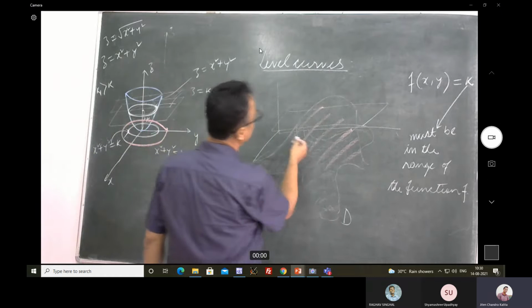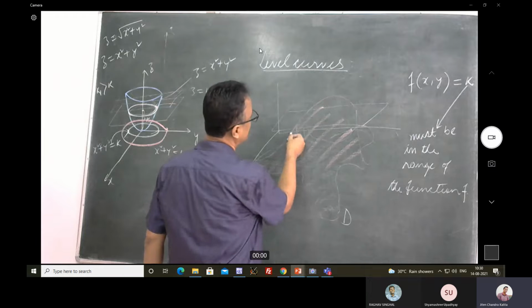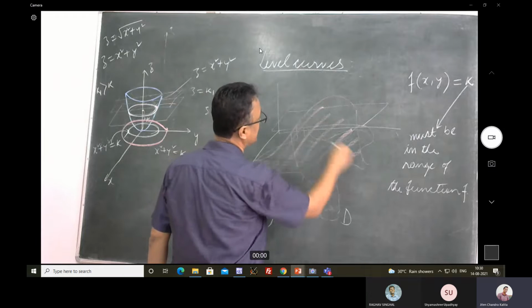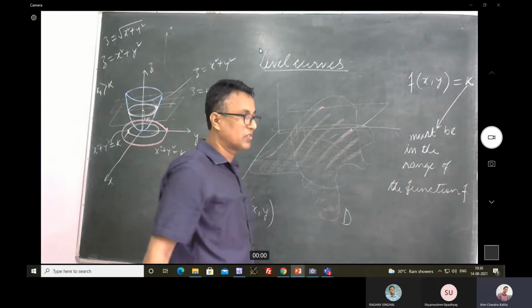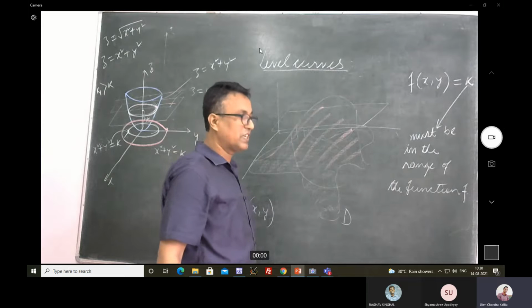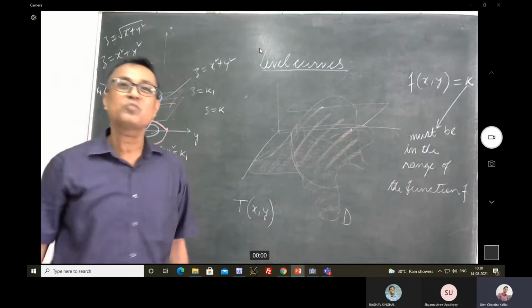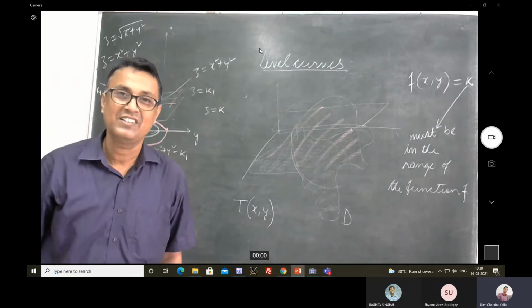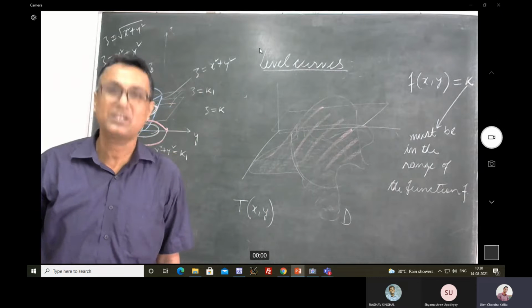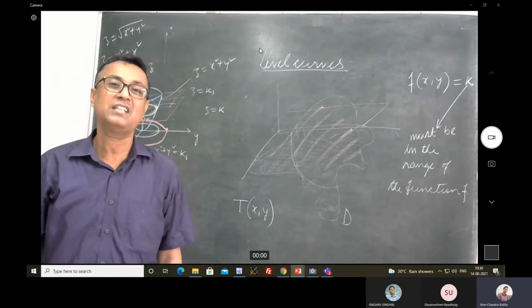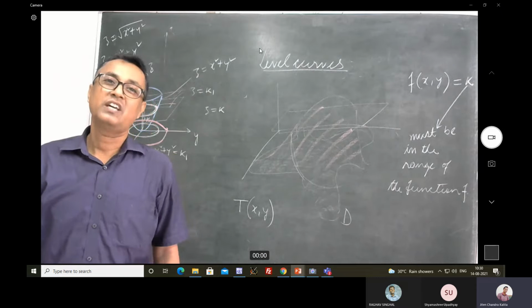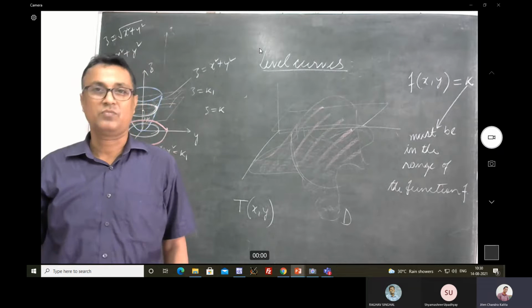They are going to generate some curves, and along those curves, the temperatures are going to be equal, isn't it? That is why they are nothing but isotherms. You should remember that isotherms are also level curves.